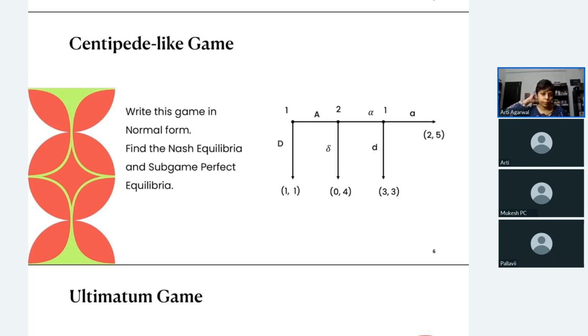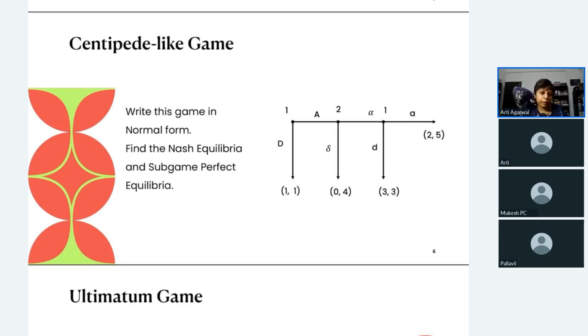So this ultimatum game, which we studied in the lectures, can become a centipede-like game if it becomes a question not of an ultimatum but of bargaining. Some bargaining questions can be modeled this way, in which instead of the payoffs which I've written, the payoffs would be something like dividing a pie.